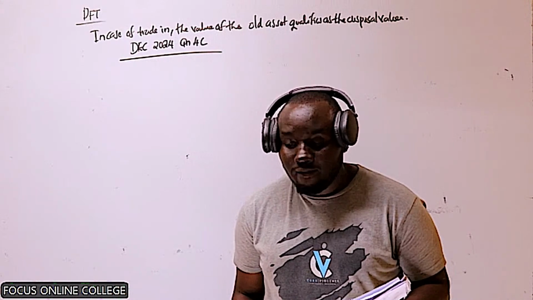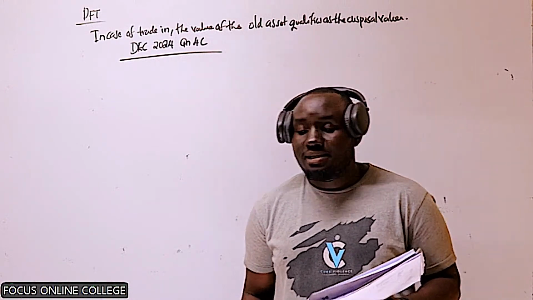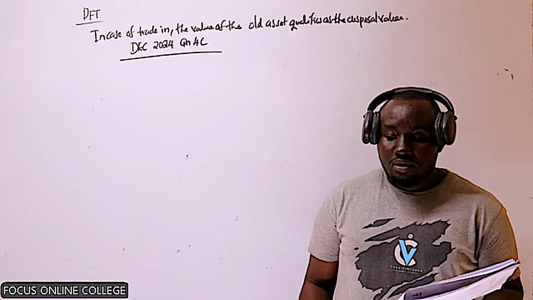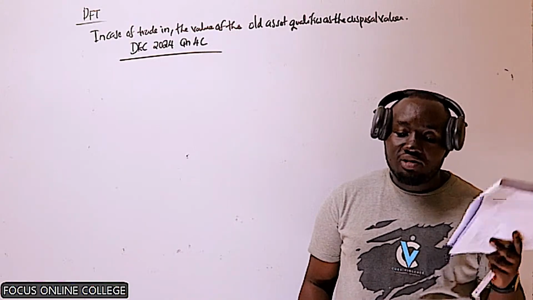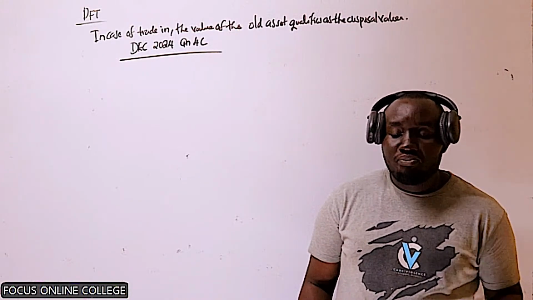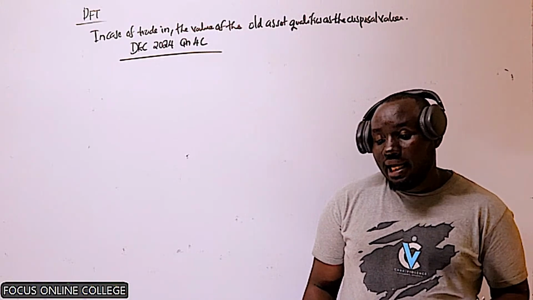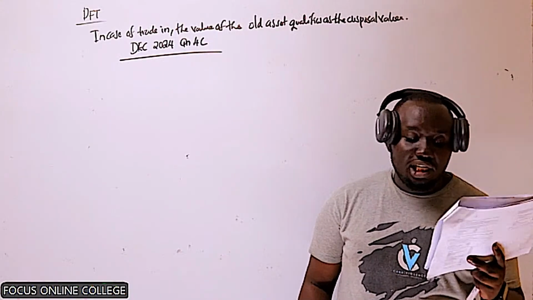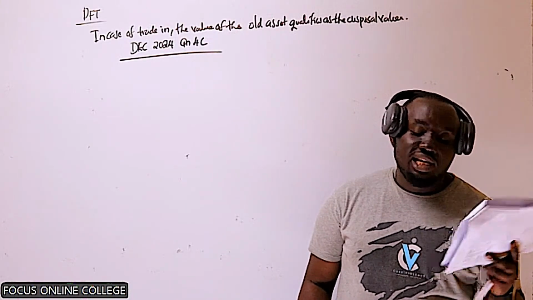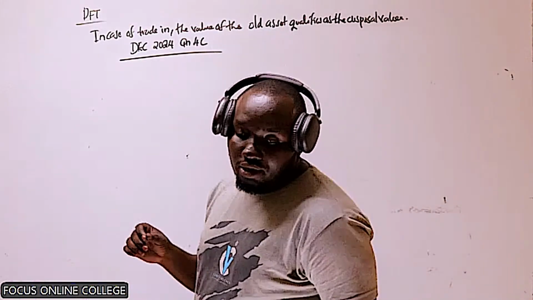Which investment allowance? That is at the rate of 50% in the first year, and 25% per annum on a straight line, that is from the second year on the remaining balance. Then lastly, we have the commercial building, and the figure is 10 million.